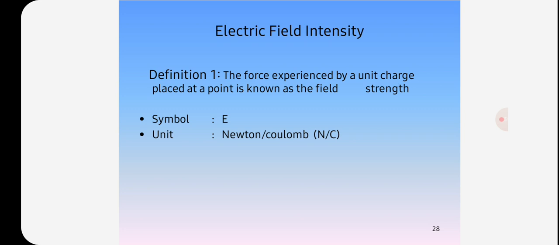Electric field intensity at any point within an electric field may be defined in any of the following three ways. First, electric field intensity or field strength at a point in an electric field is defined as the force experienced by a unit positive charge placed at that point. It is denoted by letter E and is measured in Newton per Coulomb.